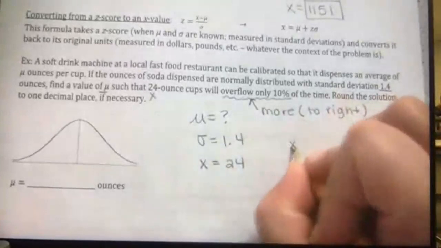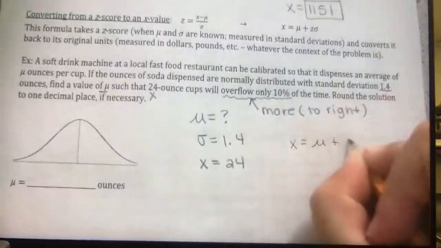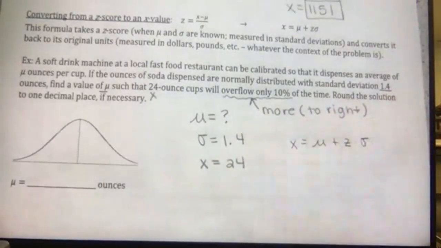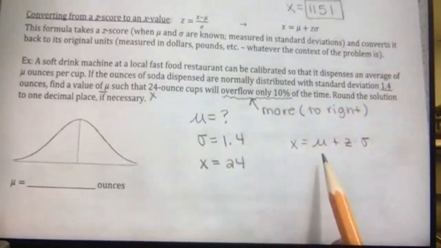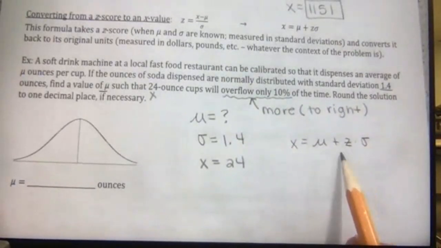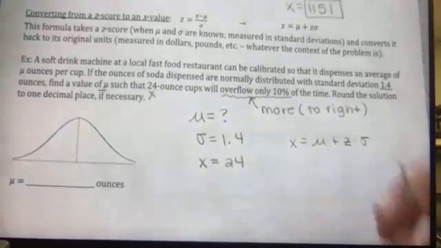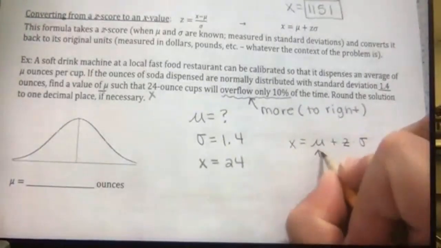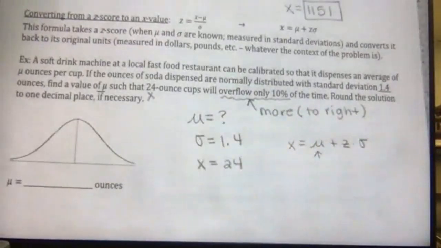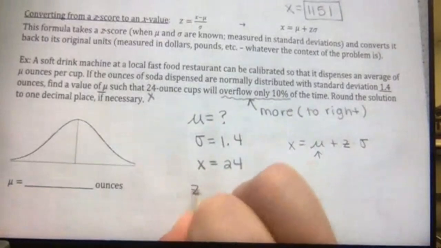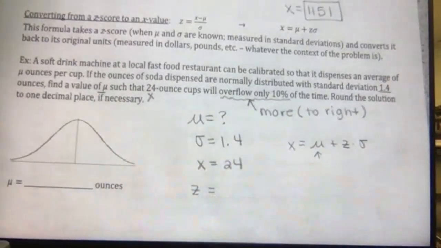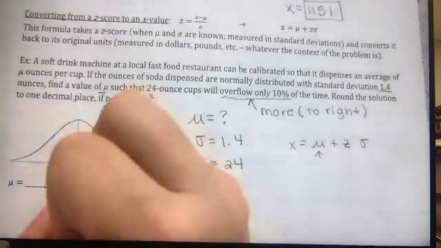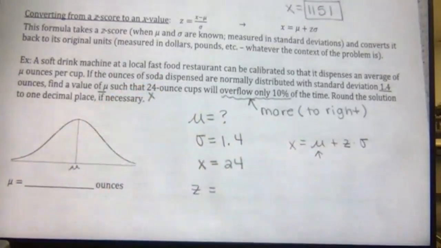So if we have X equals mu plus Z times our standard deviation, we have X, we need mu, we also need Z, and we have our standard deviation. So let's use this to find Z. In the middle is our mu, we don't know what it is, but we know it's our mu.